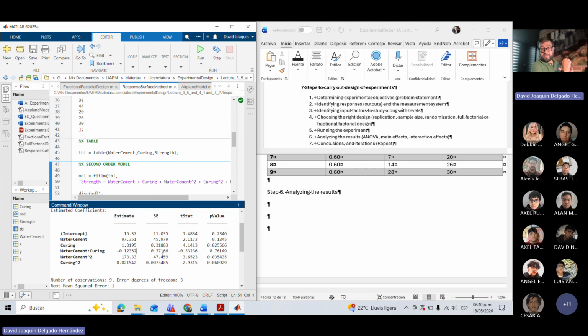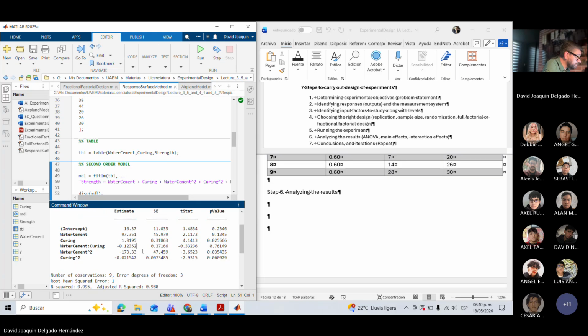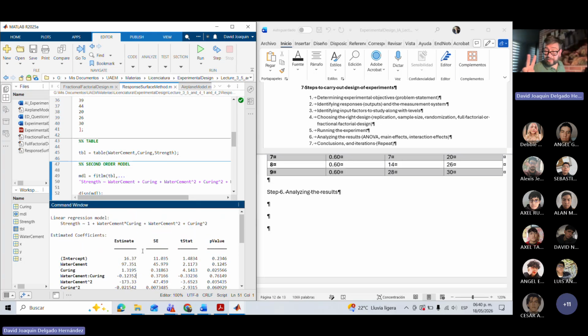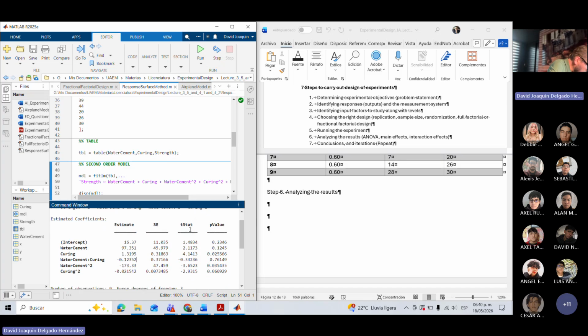Here, if we look at the coefficients of the model, this is a second degree model. The strength depends on the water cement times curing, and the water cement to the second power and the curing to the second power. So let us see how relevant are these coefficients.